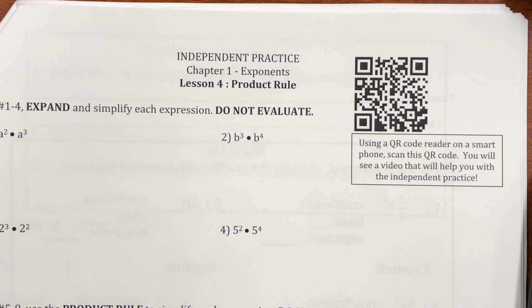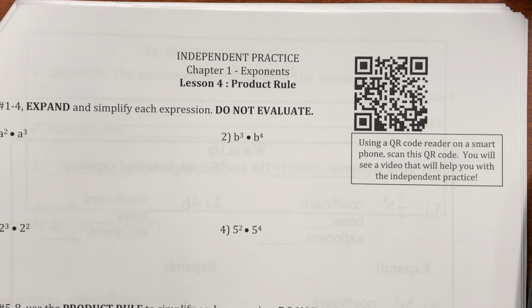It's a different point of view. So if my videos are not helping you, you can use that QR code to try a different way to do it. Well, it's the same way to do it, but it's a different explanation. So let's get started. You turn off the video and you try these problems. There's only 14 of them. Some of them you can use your calculator for, but I think you can do most of them. When you come back, we're going to go over it.